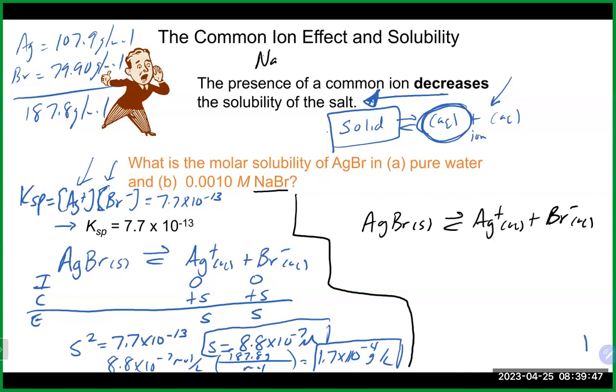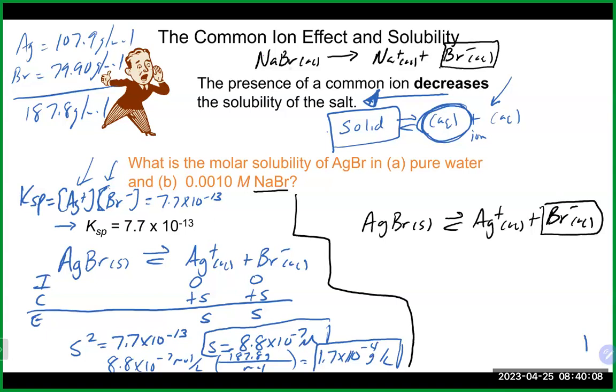And obviously, sodium bromide will break apart as it is soluble, and basically will be a sodium ion and a bromide ion floating around in that solution. And hopefully you can recognize it is the bromide ion, right? That is our common ion that we have in common here.